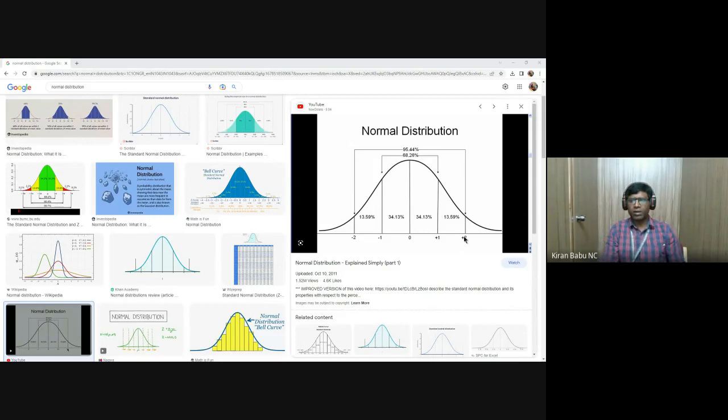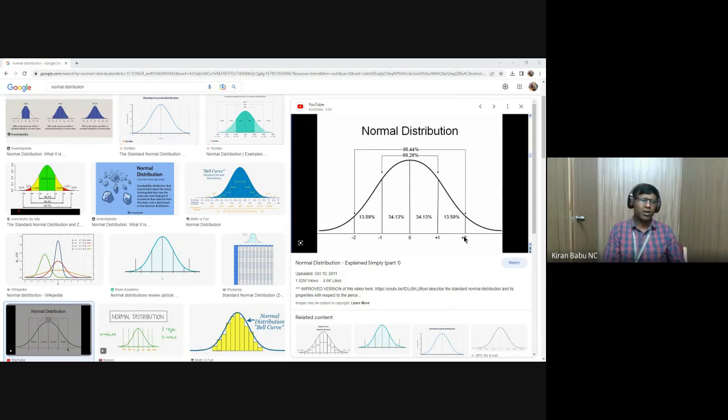With this screen, you can see that 68% roughly falls in the average category in the bell curve. According to normal distribution, 68% of the population falls under the average category, and 14%, it is given as 13.59, but you can just take it as 14%.